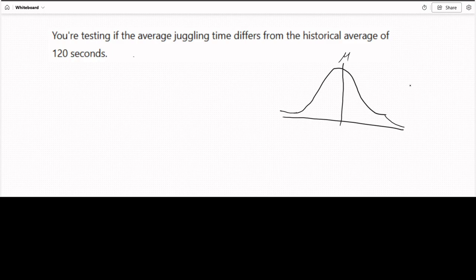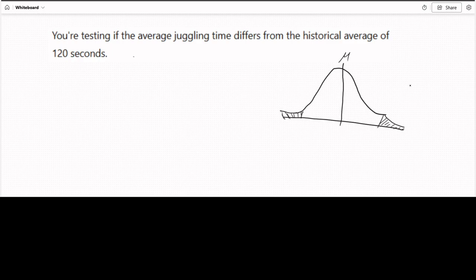Maybe people got significantly better over the years, and so we want to look for any extreme values in the higher end. But also, maybe people have gotten a lot worse at juggling. Clown colleges are struggling for funding. It's harder to find a position. Maybe just the overall quality has dropped, and so maybe we also want to consider the lower end of things.